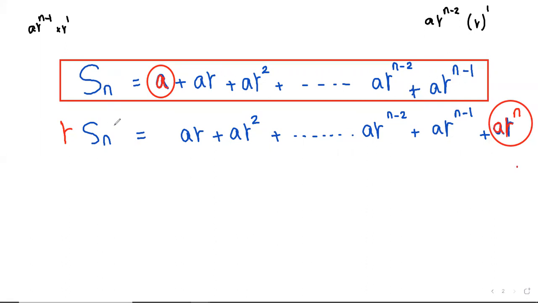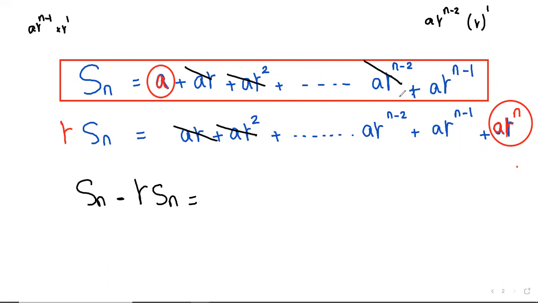Subtract 2 from 1. So you will end up with Sn minus r Sn equals, when subtracting them, ar and ar cancel out, and ar to the power of 2 and ar to the power of 2 cancel out, and all terms after that are going to be cancelled.